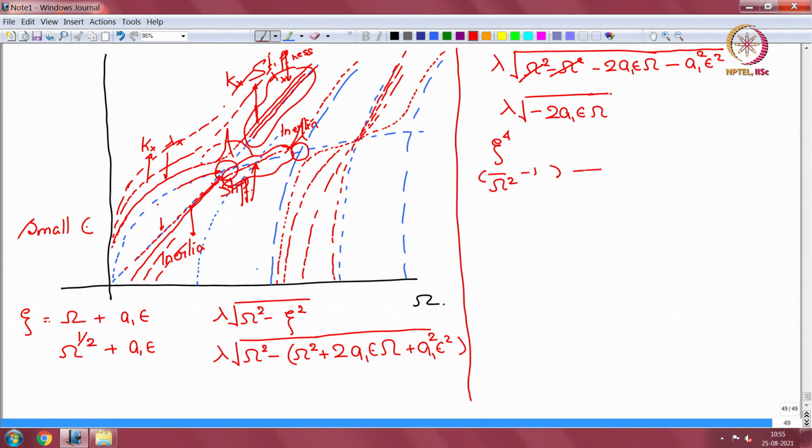So in this I am going to substitute my omega to the power half plus A1 epsilon correction. So what that does is that I will have a correction term after cancellation which is of epsilon order.